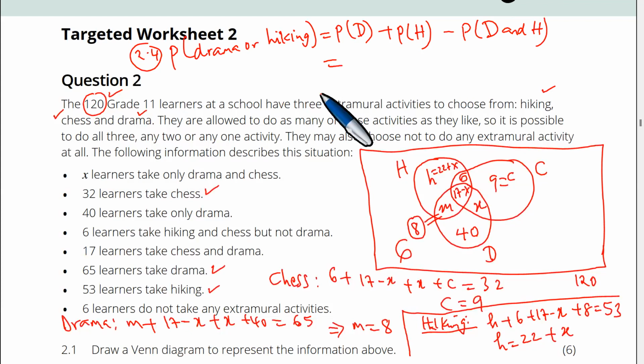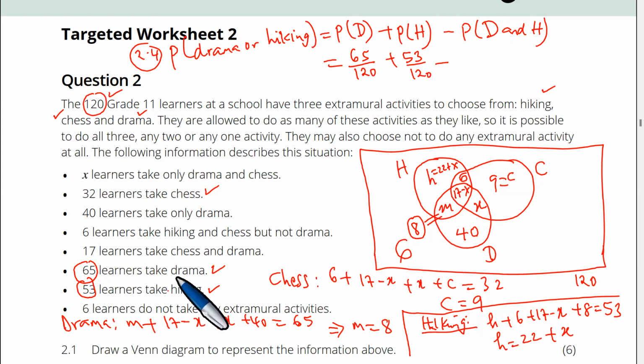What is the probability of drama? We know that 65 learners take drama, so it's going to be 65 out of 120. How many take hiking? There are 53 that take hiking, so you have 53 out of 120, minus those that take drama and hiking.